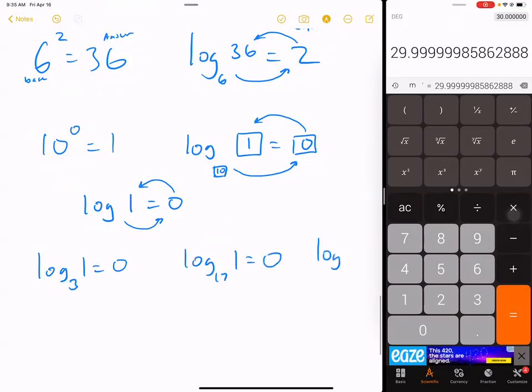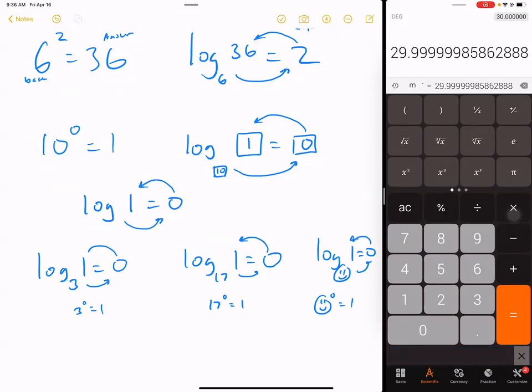Log base happy face of 1 is equal to 0. 3 to the 0 power is 1. 17 to the 0 power is 1. Happy face to the 0 power is 1. Circle of logs. So we want to know this identity. Whenever you see log of 1, the answer is always equal to 0. Okay.